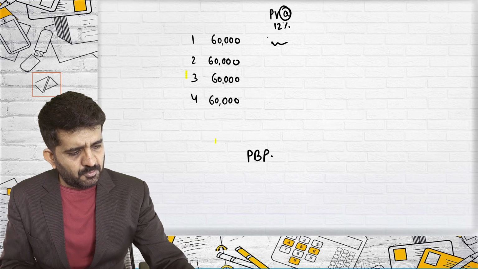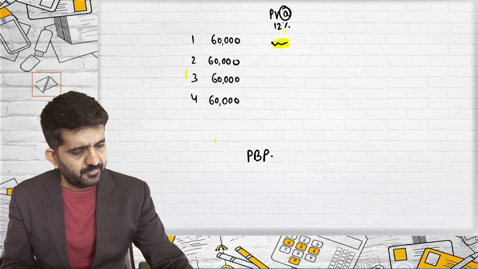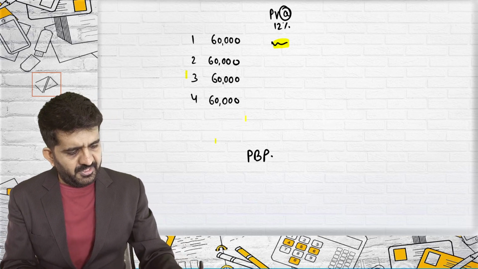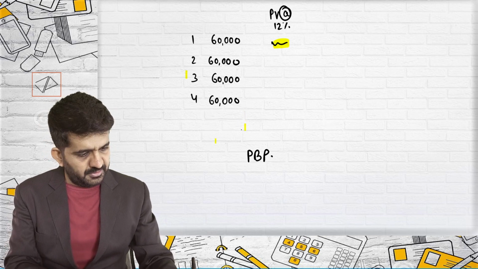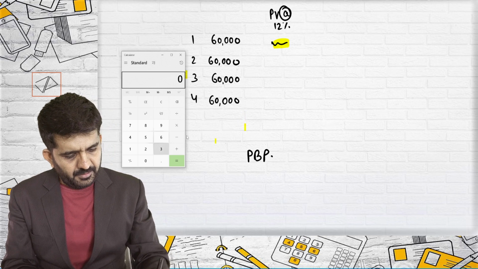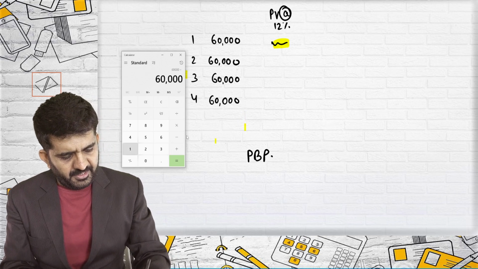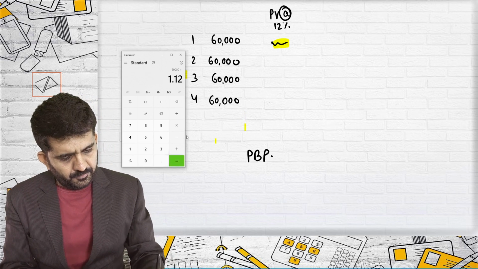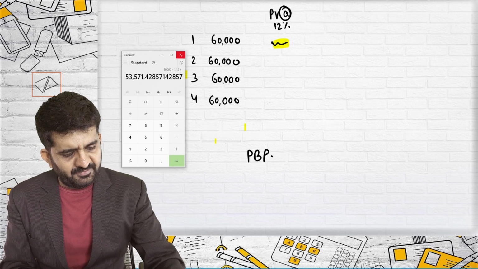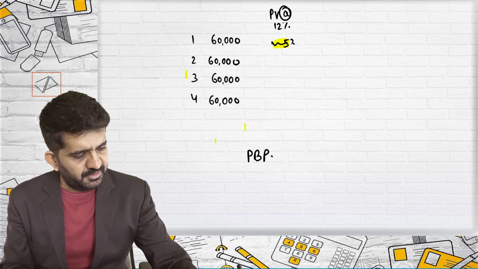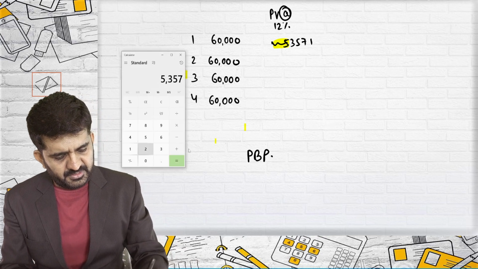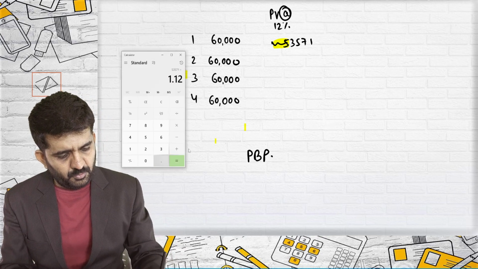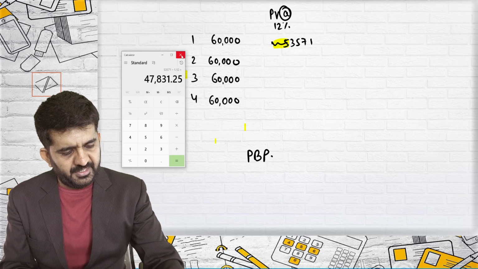So find out cash flows. Let me do it. 60,000 divided by 1.12 is 53,571. 53,571 divided by 1.12 is 47,831.